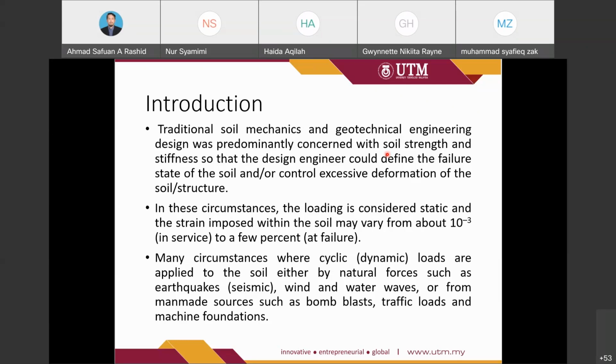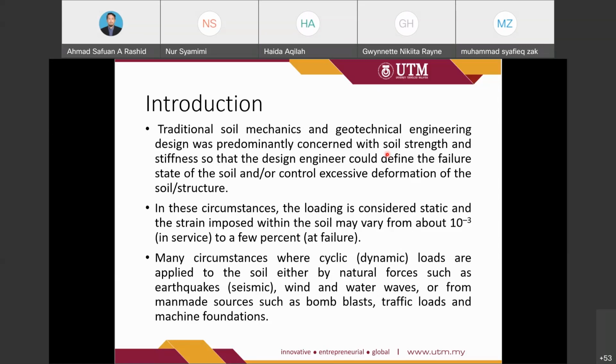So the strain plays an important role in making sure that any structure resting on the ground is able to perform well, either in service or before it reaches the failure condition.